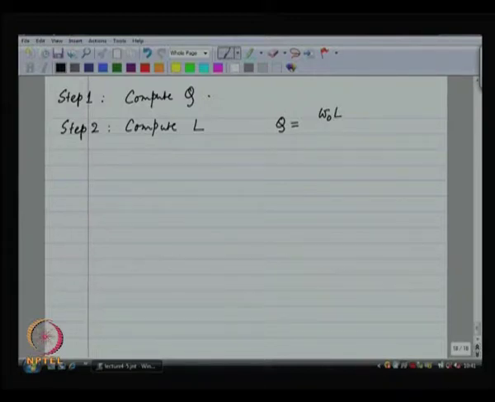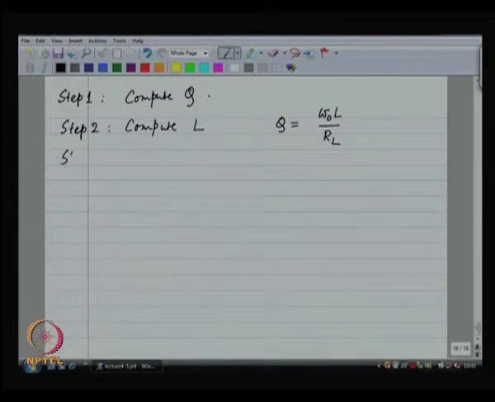Inductor is parallel with a resistor, the Q is omega naught L divided by R L, right. So, L is going to be Q times R L divided by omega naught, that is at the chosen frequency omega naught.